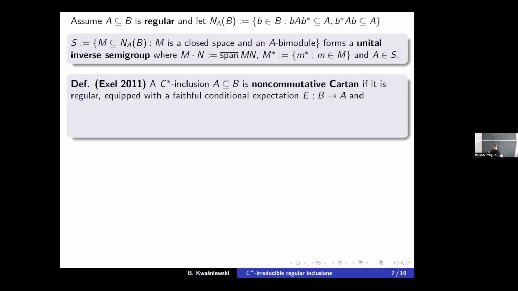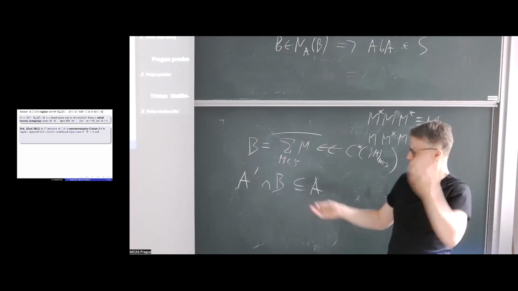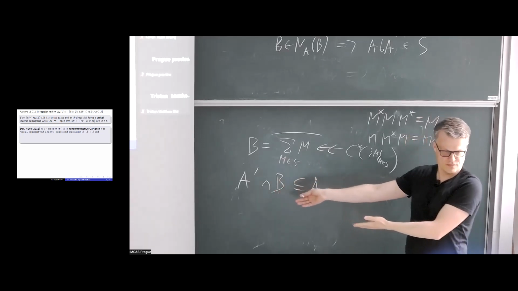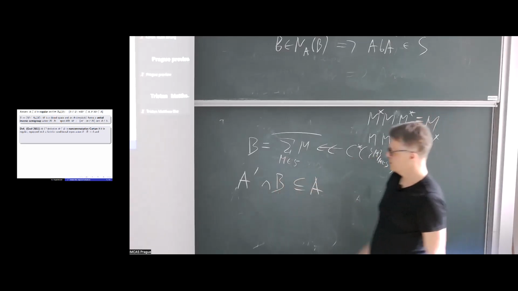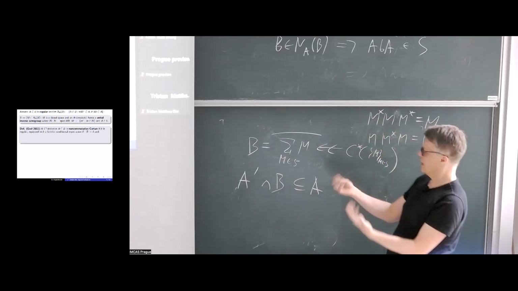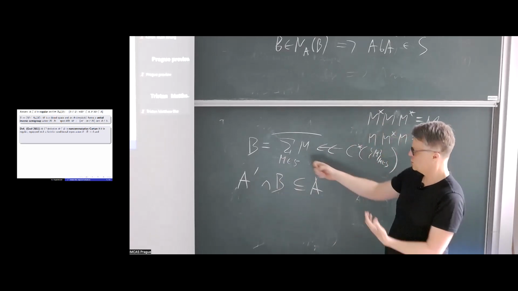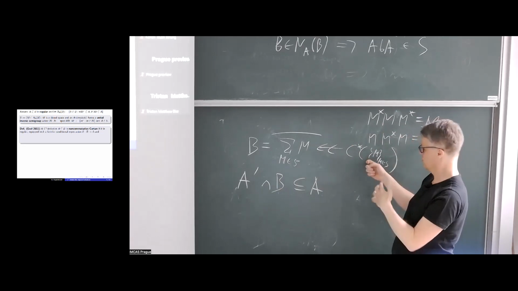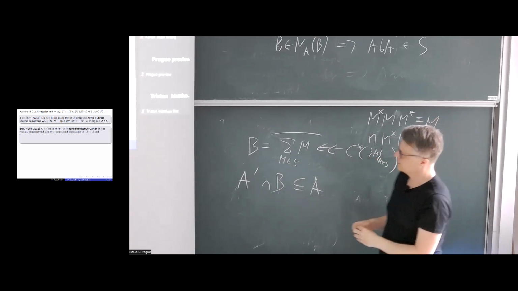If A is commutative, this means that A is a maximal abelian subalgebra of B; there are no other elements in B that commute with A. You could use this condition because it makes sense even when A is not commutative. But as Exel noticed, this is not enough to get this nice characterization of Cartan inclusions by Fell bundle C*-algebras.